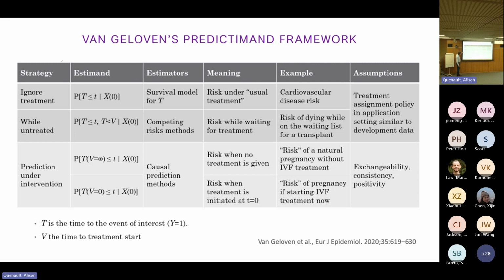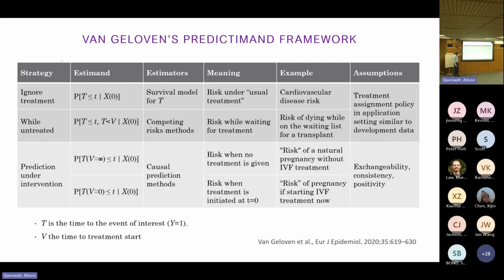But if we want to consider estimates for prediction under intervention, we're going to have to do that. So suppose that V would be the time to treatment start. Then what we would like to estimate is, for instance, something where we assume that there would never be any treatment, and then we want to know the risk of the event in question happening before time t, or where we would initiate the treatment now.